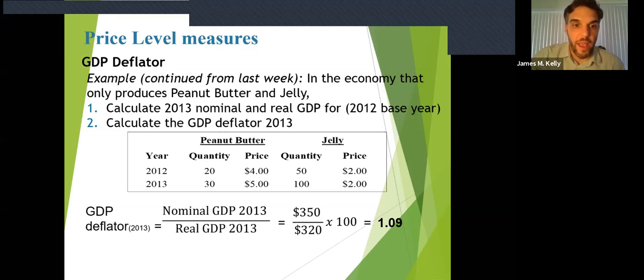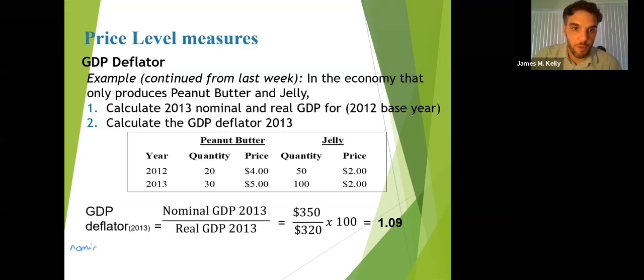When we are finding nominal GDP for 2013, remember, we're going to use current year prices and current year quantities.